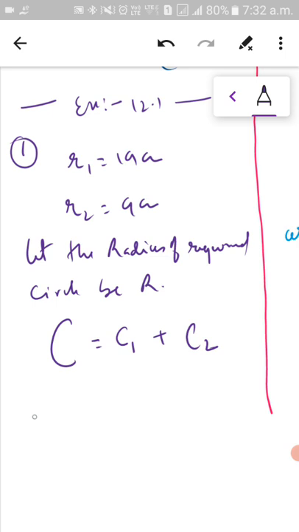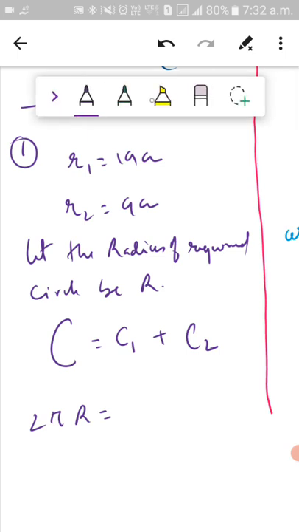So circumference we know is 2 pi r. C1 is the circumference of the first circle whose radius is 19 centimeter given, and C2 for the second radius also, right?